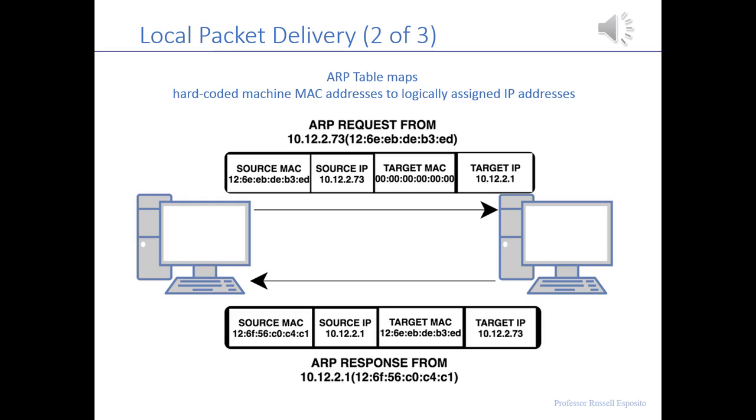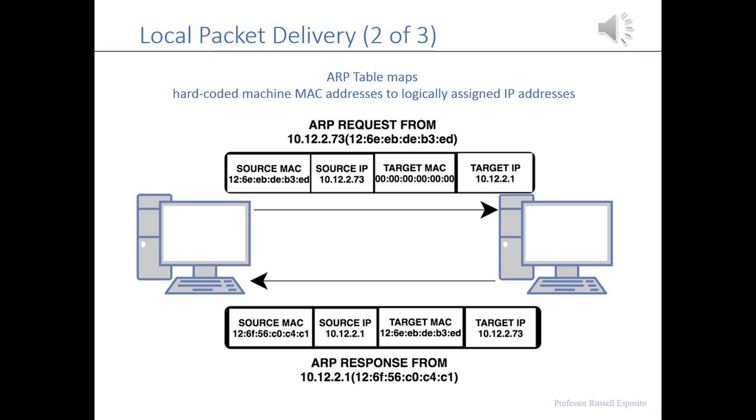So a MAC address is good for a local area network for communicating from machine to machine. But the minute you want to route it to a different network or to the internet, you need an IP address. So the IP addresses are assigned logically to the machines, and they're associated with the MAC address in the ARP table.